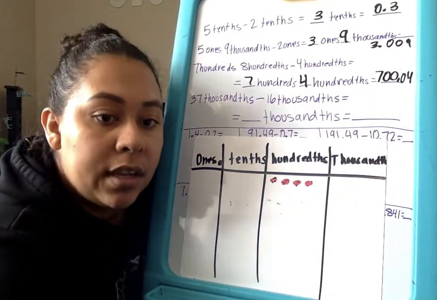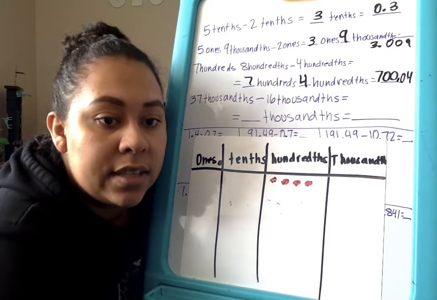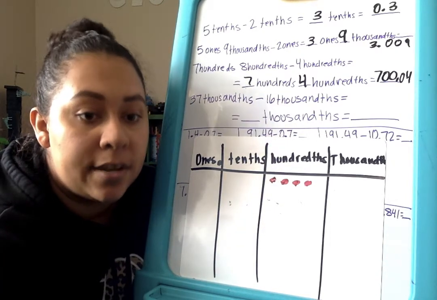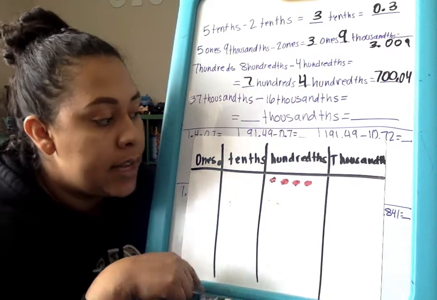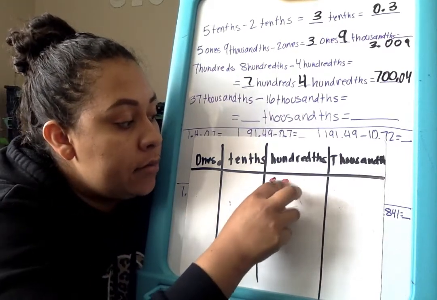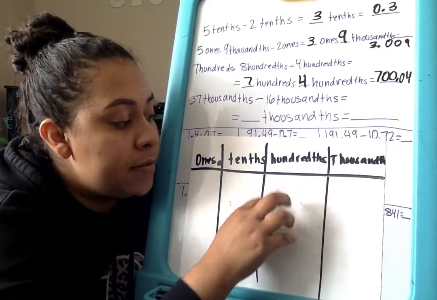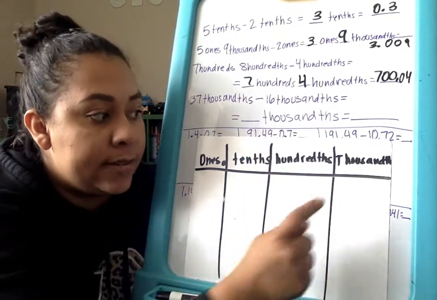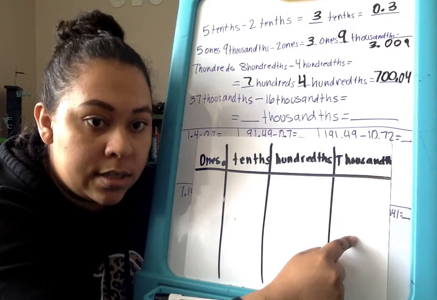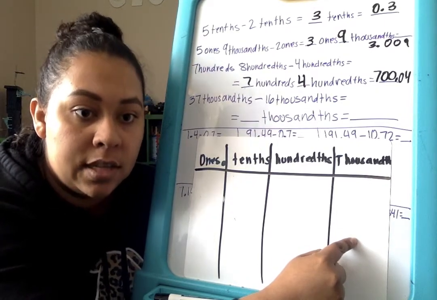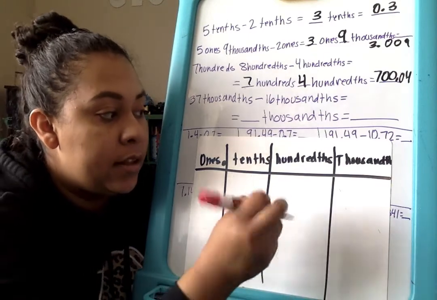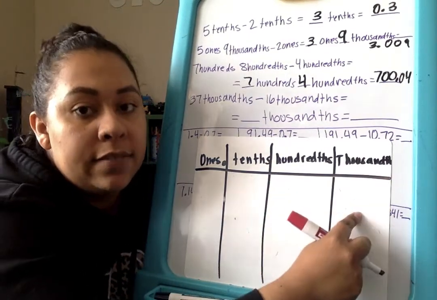Okay, next one. 37 thousandths minus 16 thousandths. So now, this one, you will show a little bit differently because we don't need to add 37 place value discs in the thousandths place. 37 thousandths is also equal to 3 hundredths, 7 thousandths.